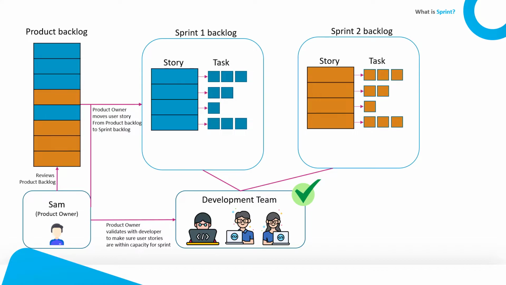Similarly for sprint 2, the remaining 4, they will add to sprint 2 and review again with the development team. They think that looks okay, and with that the tasks for the sprints are decided. And this is basically the goal for the given sprint. Same goes for the next sprint and the cycle continues. This is basically how sprint goals are defined.